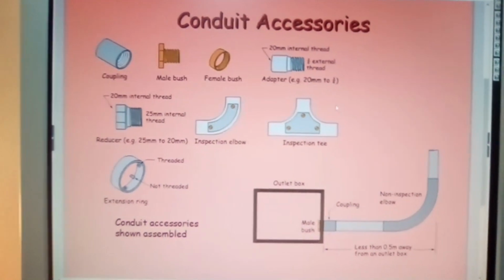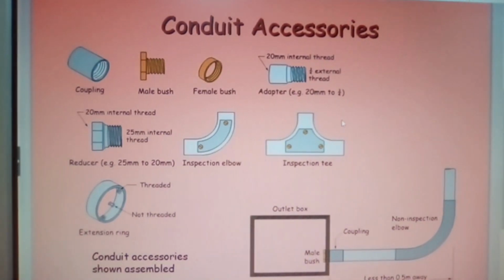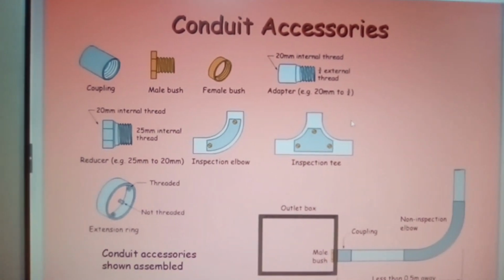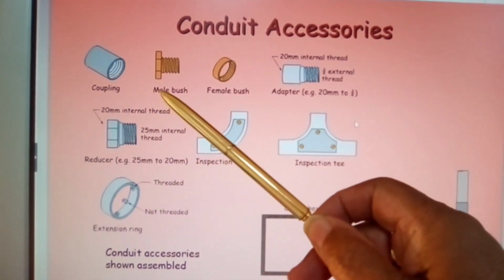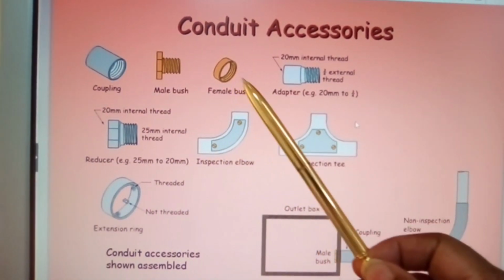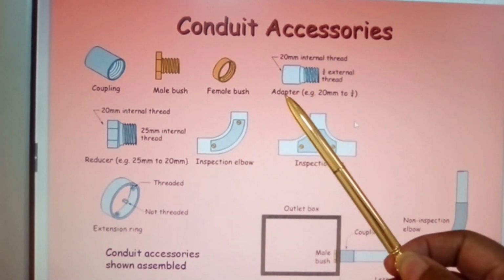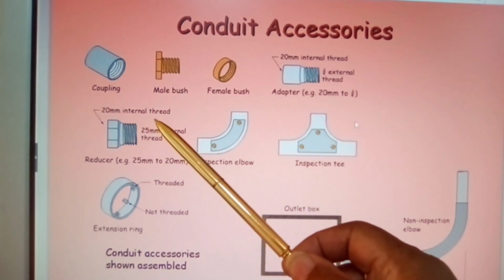Now here are your various pieces of conduit connections, paraphernalia. I will just call it paraphernalia for now. You've got your coupling piece, your male bush, your female bush, your adapter, 20mm internal thread adapter, your internal thread.